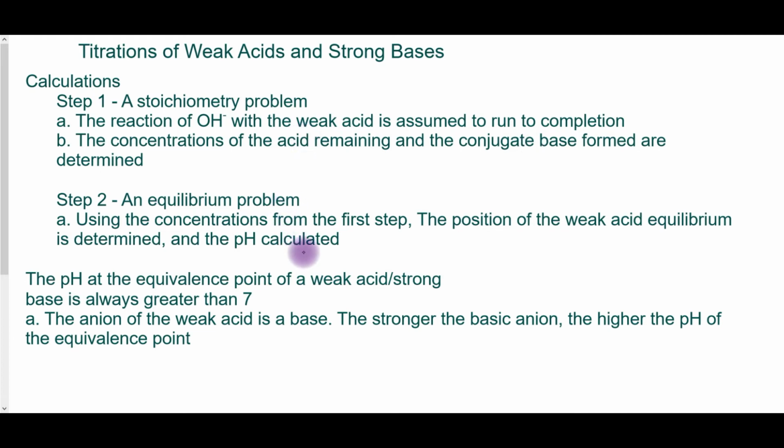We can then calculate the concentration of the hydrogen ion and calculate the pH. The pH at the equivalence point of a weak acid, strong base is always greater than 7 because the anion of a weak acid is a base. The stronger that conjugate base, or the anion, the higher the pH of the equivalence point.